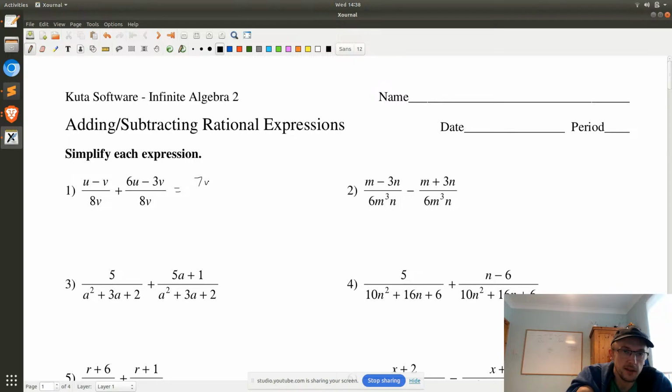Okay, I believe this is simply 7u take 4v, and it's all over 8v. Right, and put these together now. Well, the m's cancel, and then we have -3 and take 3. So I believe it's -6n all over this. And we cancel, and we can actually simplify this, but dare we do it?